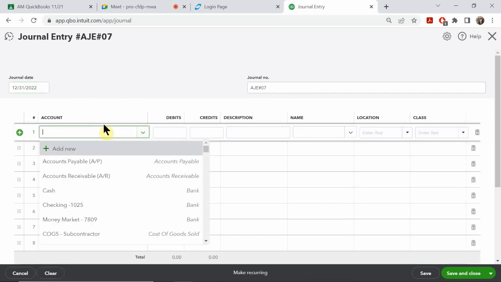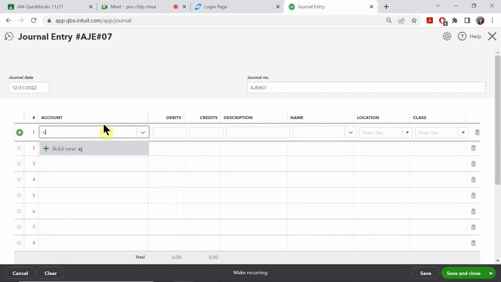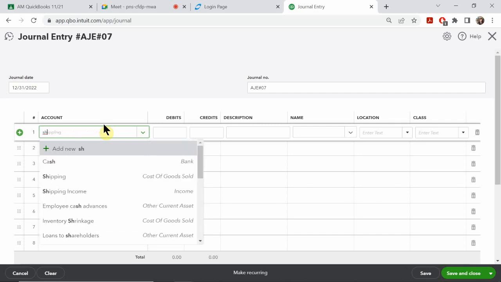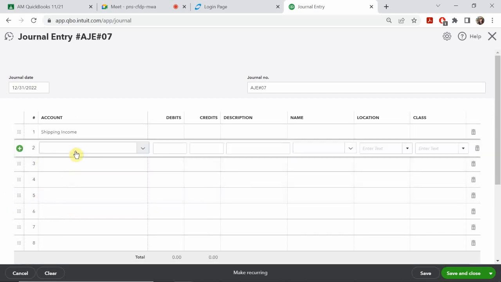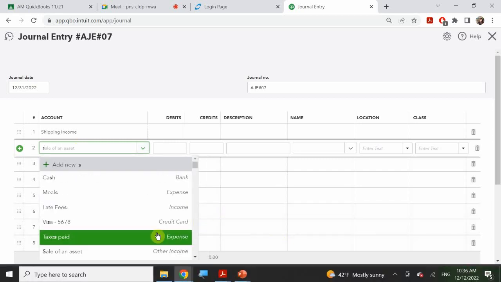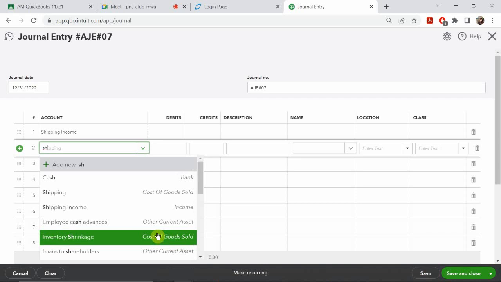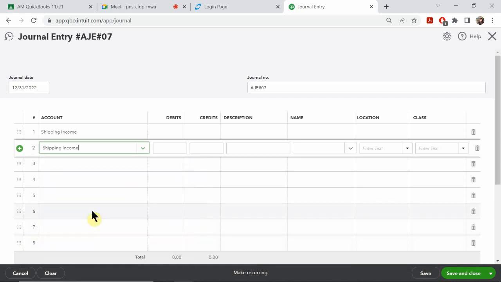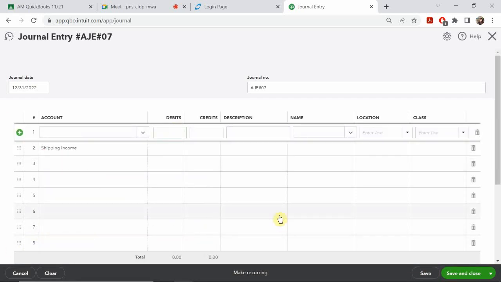Since it's an income, it has a normal credit balance since it goes towards your generated income. So since it has a normal credit balance, in order to get rid of it, I have to debit it, but then I have to credit it back again to report it as generated income. So shipping income we said was for $32.